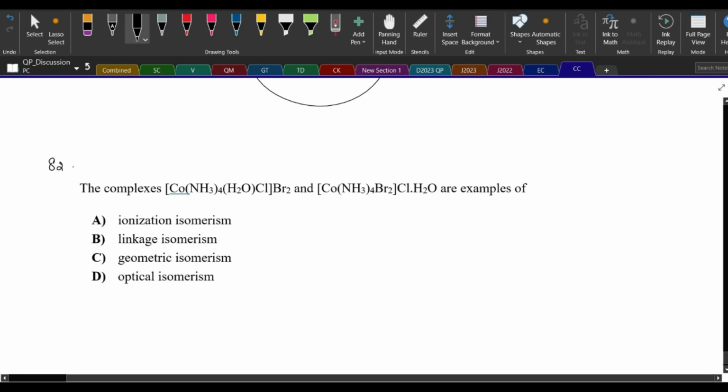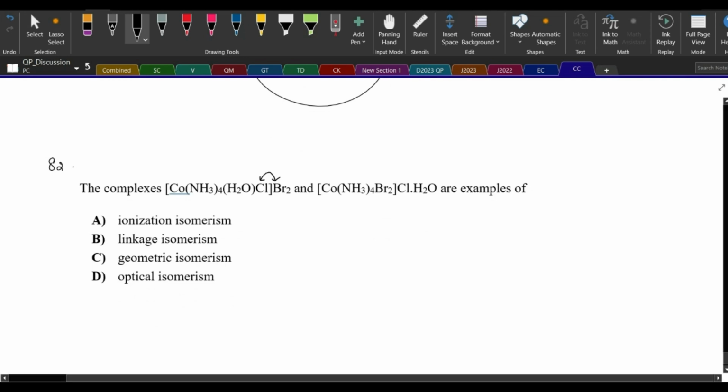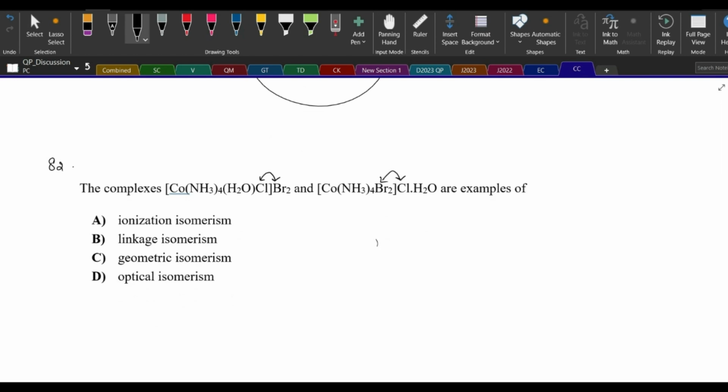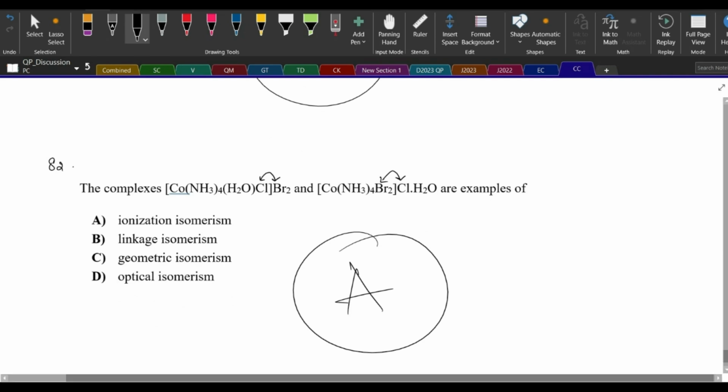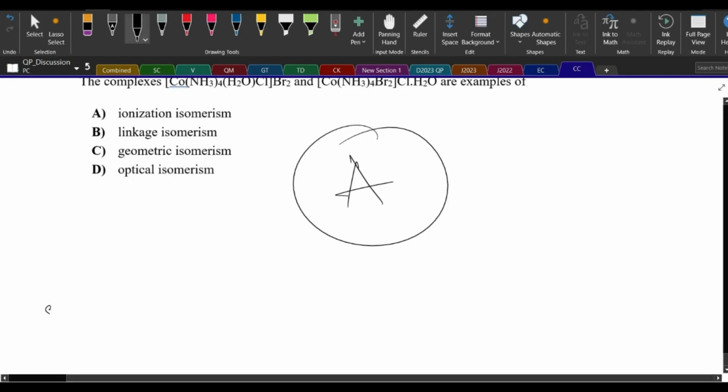See, you can see that when ionization happens, the ions that are generated are going to change. So it is a typical example of ionization isomerism. Good. Option A. Okay.